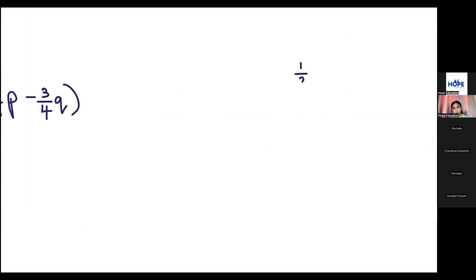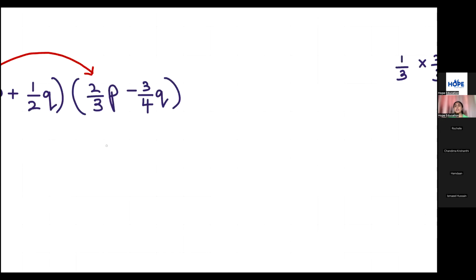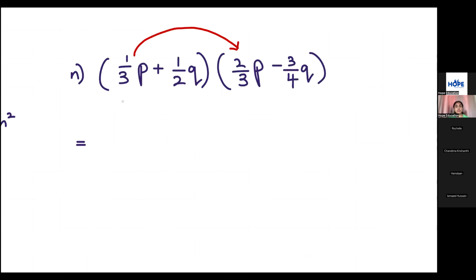Nothing cancels, so 2 times 1 is 2. 3 times 3 is 9. So answer is 2/9. So 1/3 multiplied by 2/3, answer is 2/9. p times p is p squared. Plus times plus, answer also is plus.